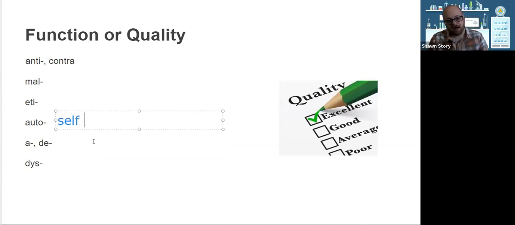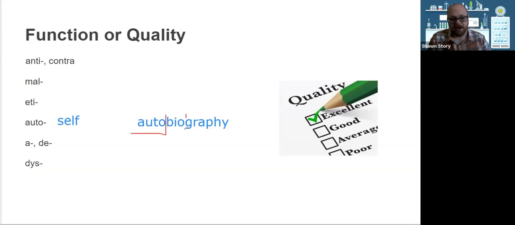An autobiography. Look at all these root words here. We got three things going on. Auto is self. Bio is life. Graph is to write. So I'm writing about one's life. An autobiography is a book about one's life that someone wrote about their own life.